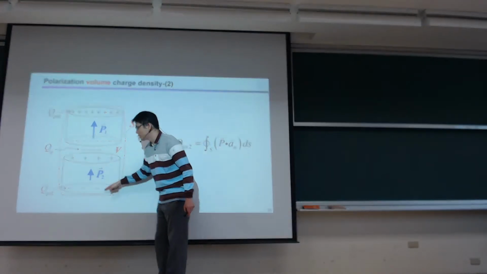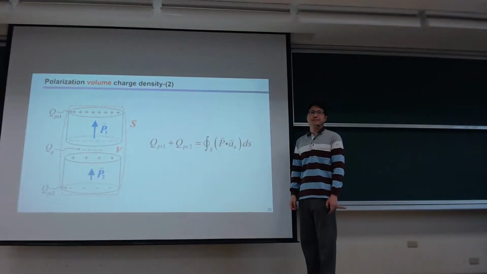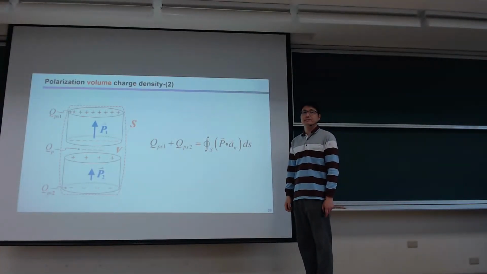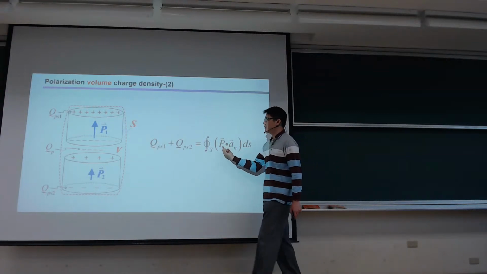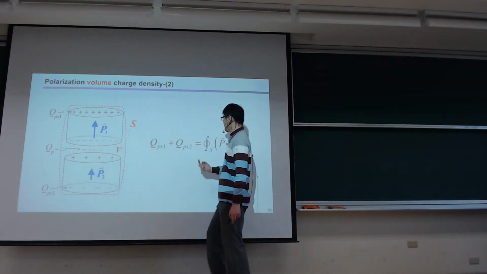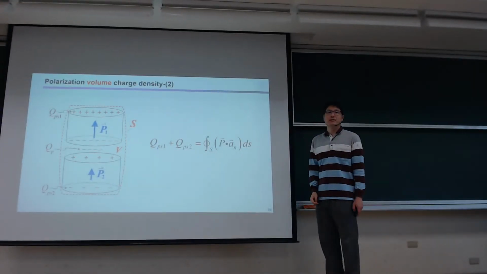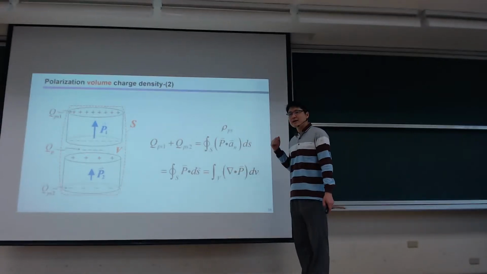QPS2 are the 4 negative charges. So I sum them up. And by my understanding, it's just P dot dA, but this P for this one is P1, for this one is P2. Okay? This is like Gauss's law. It's exactly Gauss's law.